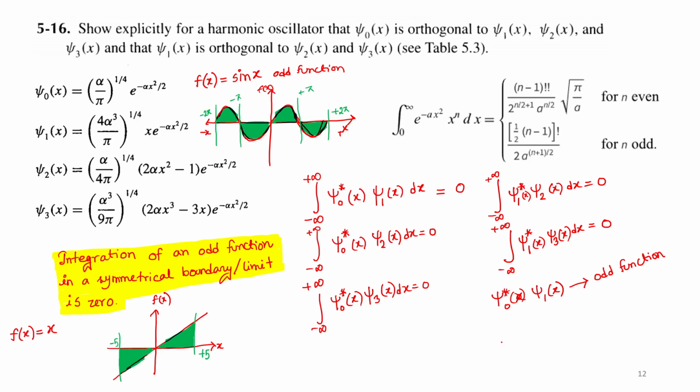What about psi 0 star x psi 2 x? You will see here it is x square, so this is actually an even function. What is an odd function? An odd function is where f of minus x is minus f of x.